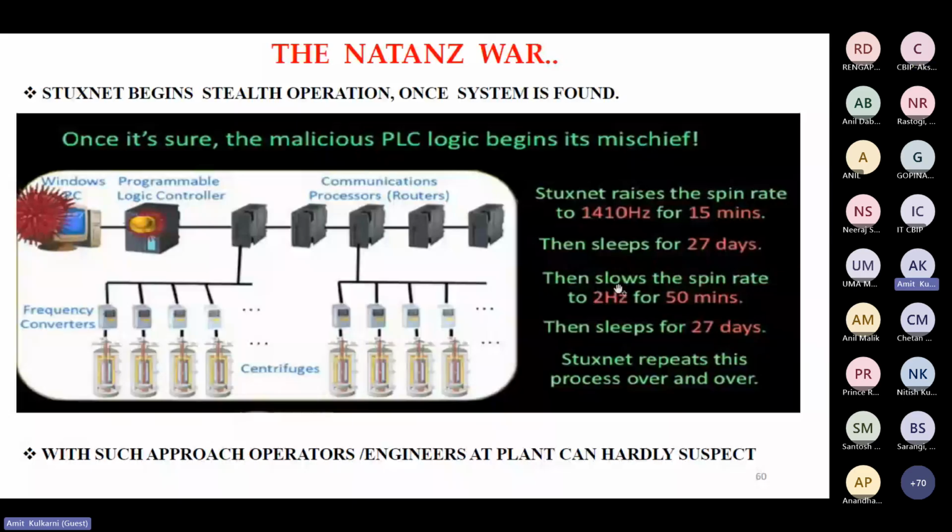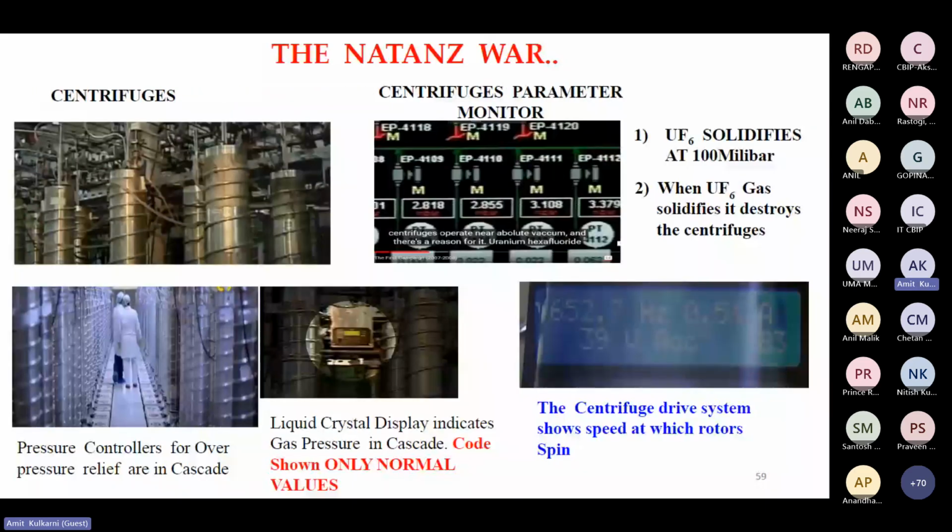See, a 0 day attack is a type of attack in which, on the day the attack happens, there is no solution to counter it.